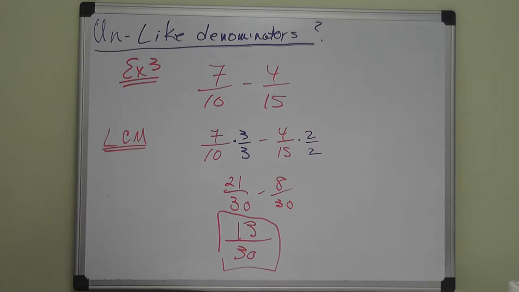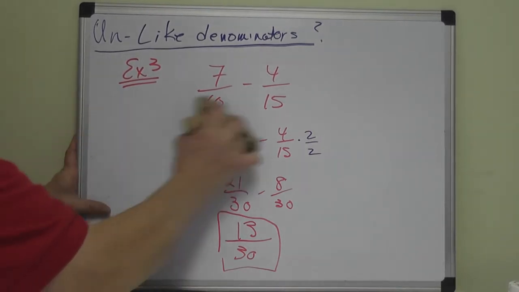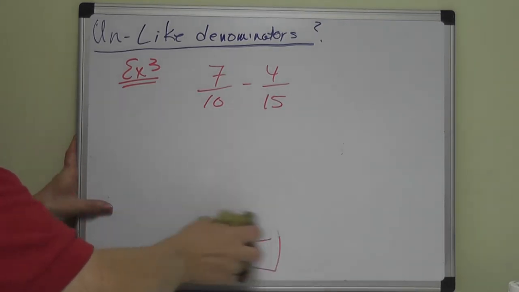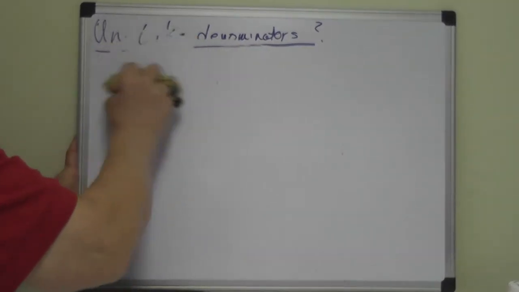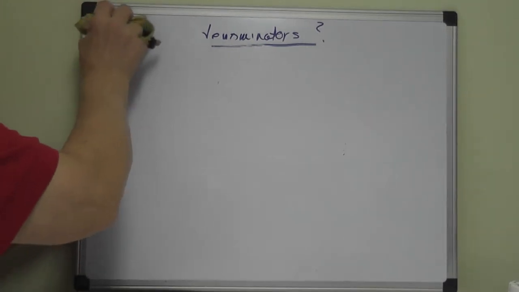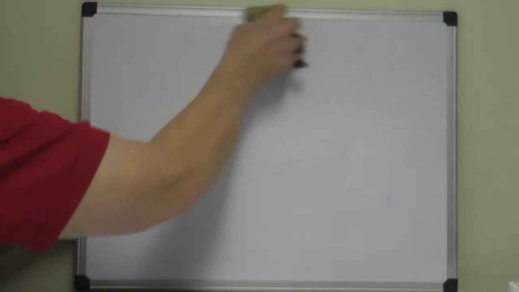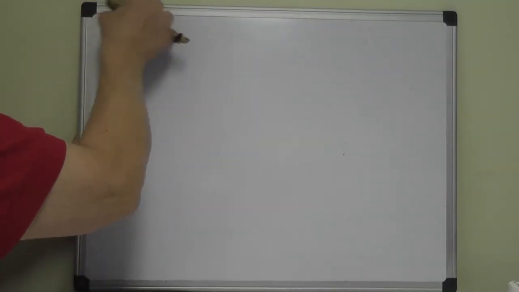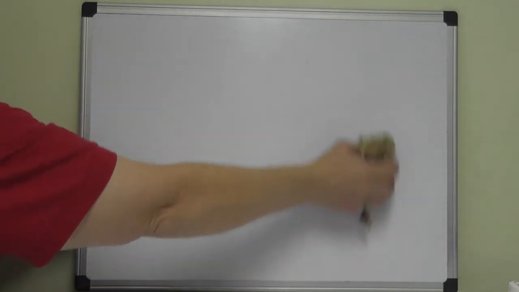Now, where pre-algebra addition and subtraction of fractions or of rational numbers differs from the addition and subtraction of rational numbers in middle school math or in elementary math, is that you guys in pre-algebra are familiar with the concept of negative numbers, and rational numbers or fractions can be negative as well as positive.